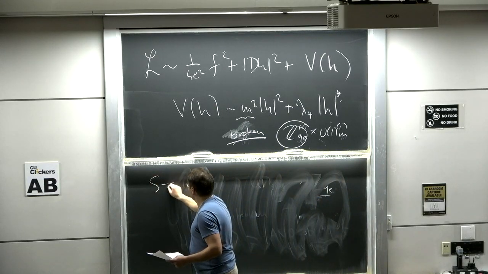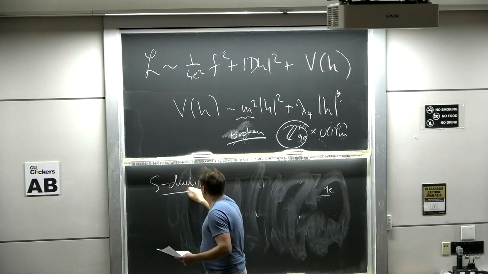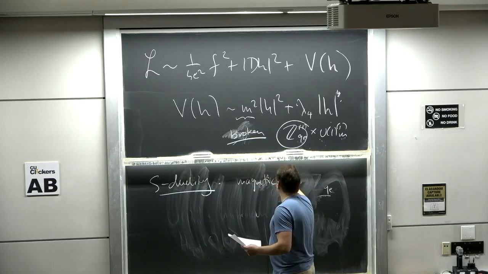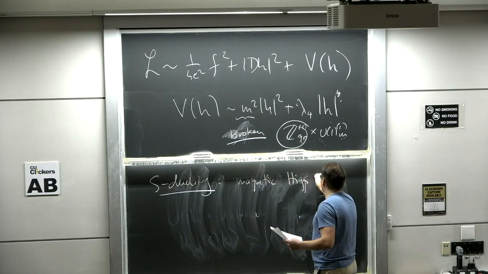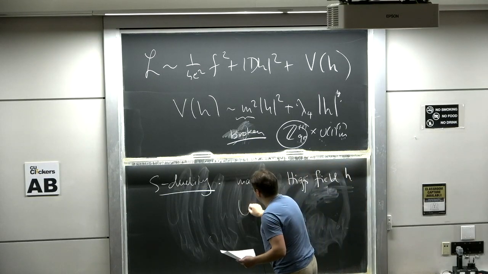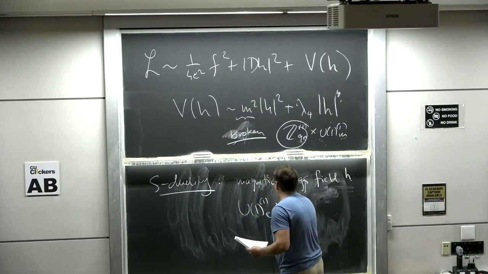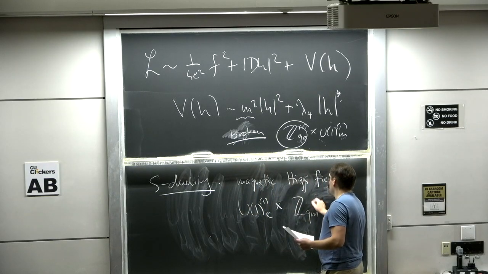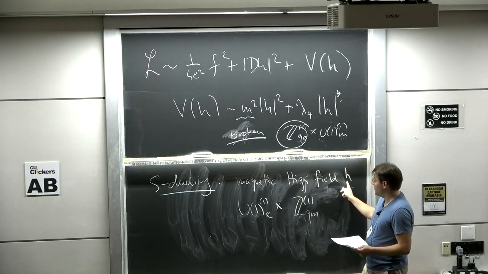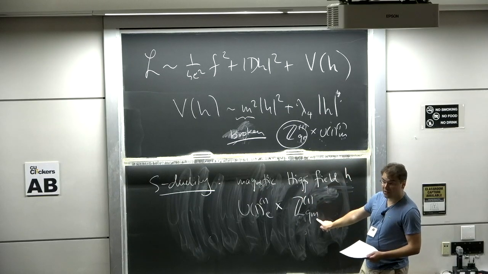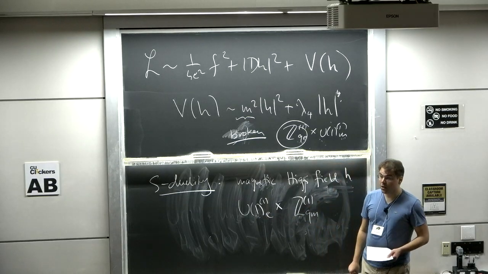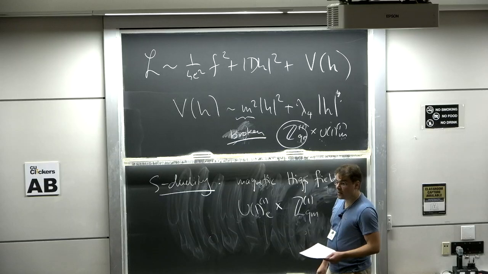So if you do S duality, then you have a system with a magnetic Higgs field, H. And the symmetries are now U1 electric times ZQ magnetic. And in the Higgs phase of this model, when the H field condenses, this is spontaneously broken, but the electric symmetry is unbroken. And that means that electric charges are linearly confined by finite tension strings.